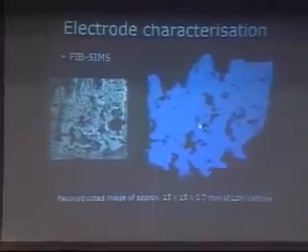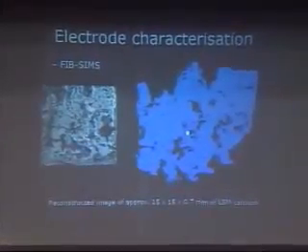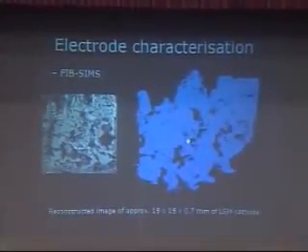That's a description of what actually happens, if everything works properly. I would like to show you how work is currently being done to improve this. On the left is a scanning electron microscope image of the interface between electrolyte and electrode.